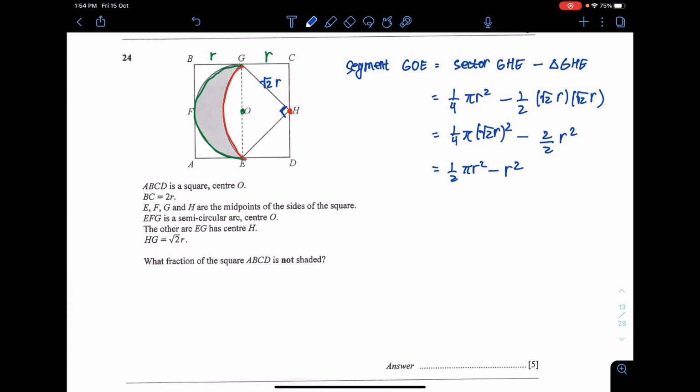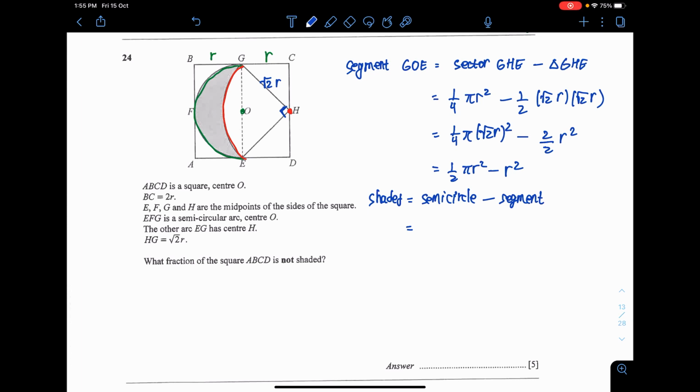Now, I have the segment GOE, cool, but I need the shaded area. So for the shaded area, I need to find the semicircle minus the segment that I got just now. So in that case, I need to know what GO is, because GO is the radius of the semicircle.